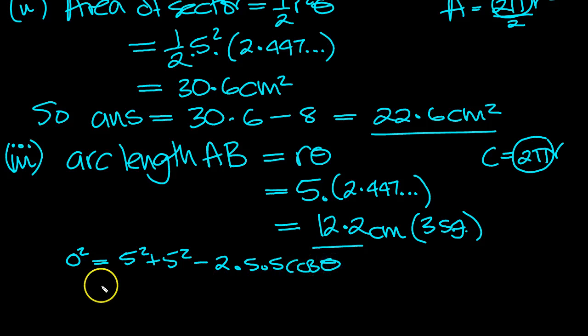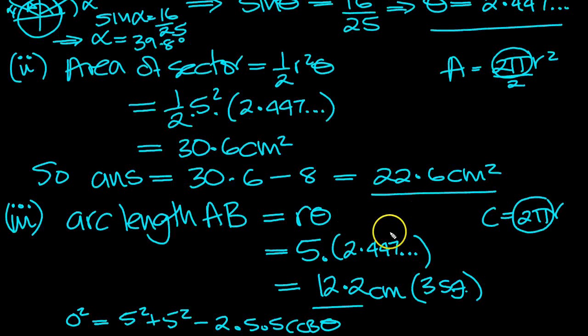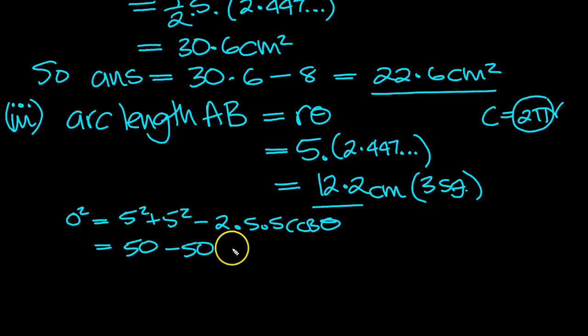The included angle. So 25 plus 25 is 50. 2 25s are also 50. Cosine of the included angle, cosine theta. And the angle of theta is 2.447.